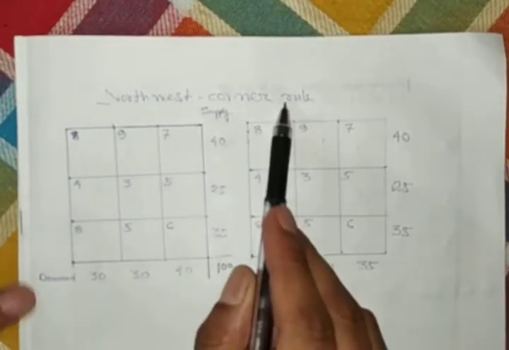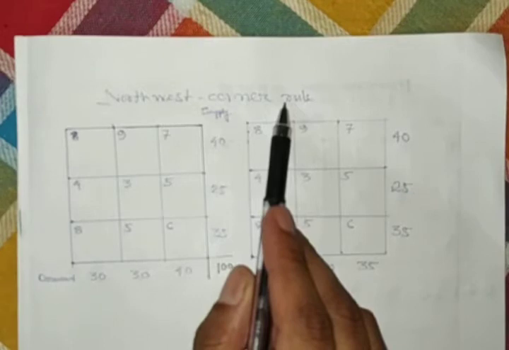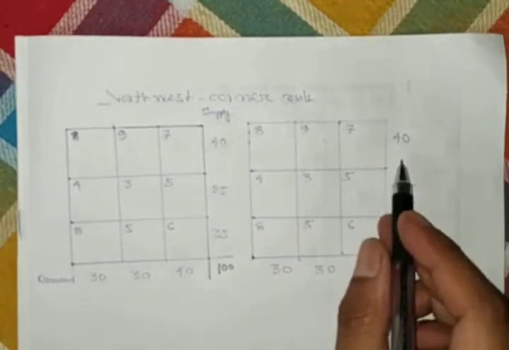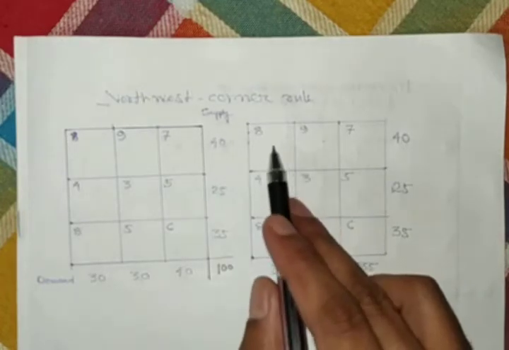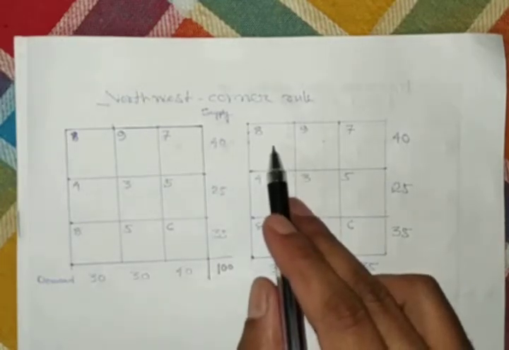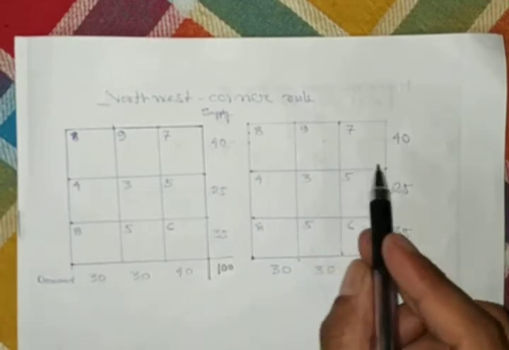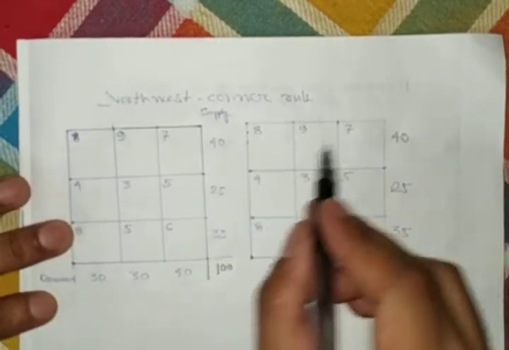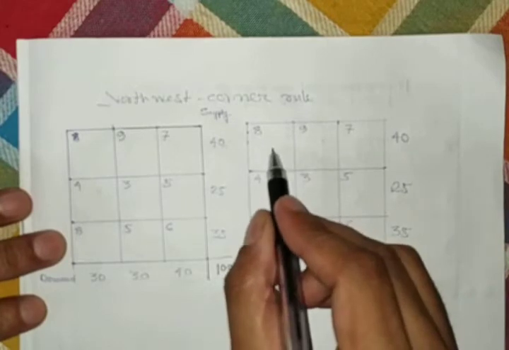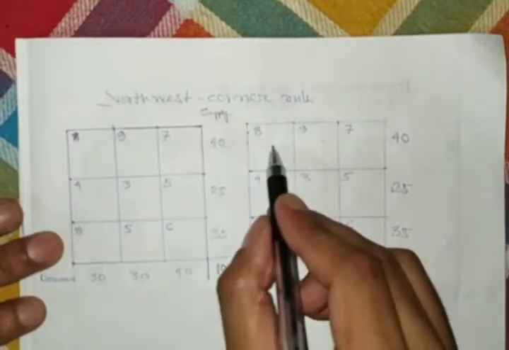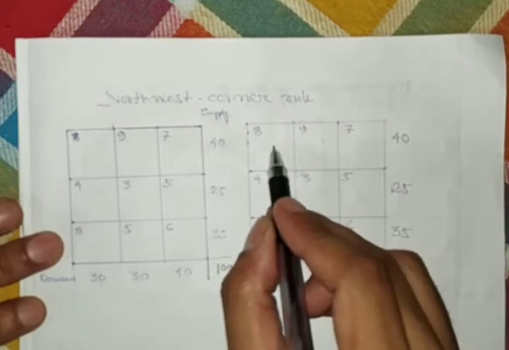After that we have to allocate. Northwest corner rule says that you have to allocate as much as possible in the northwest corner at first. So in this table, this will be the extreme northwest corner, so we can allocate here.